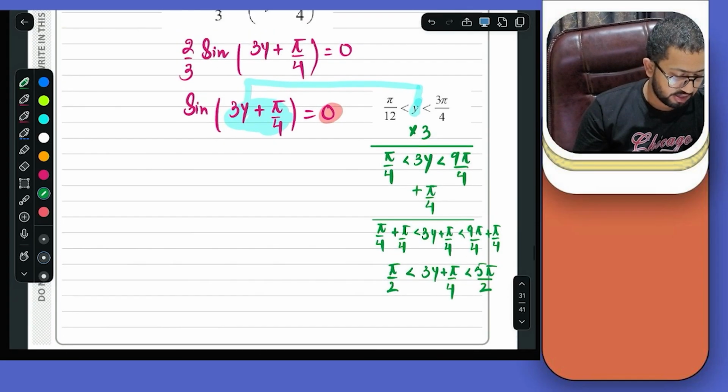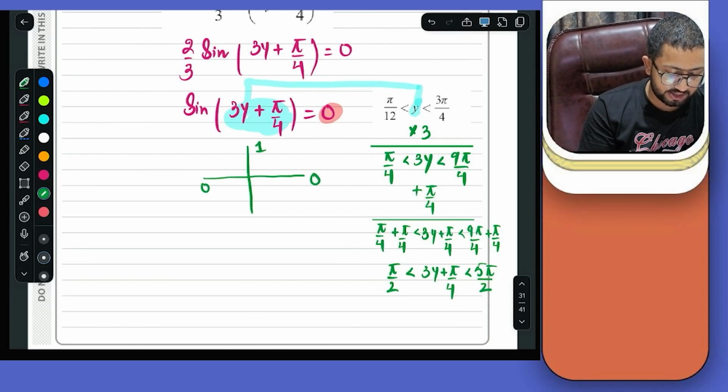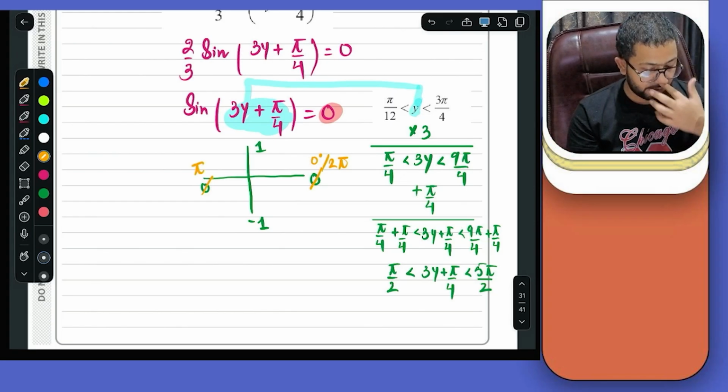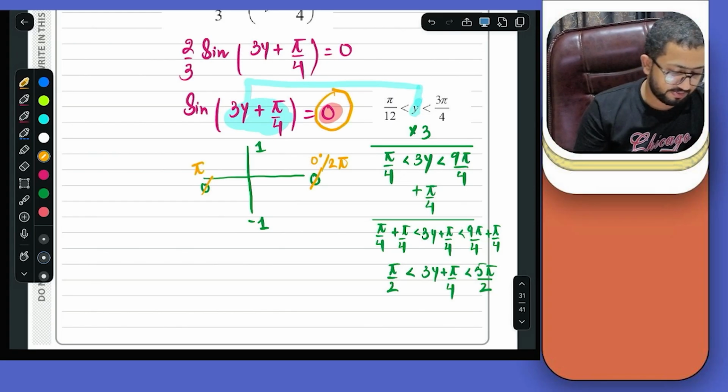Perfect. So now you can use the graph of sine. At which angle will you get 0? The graph of sine is 0, 1, 0, minus 1. At 0 and 2 pi you get 0, and at pi you get 0 as well.